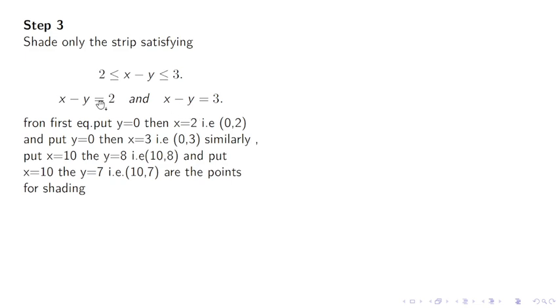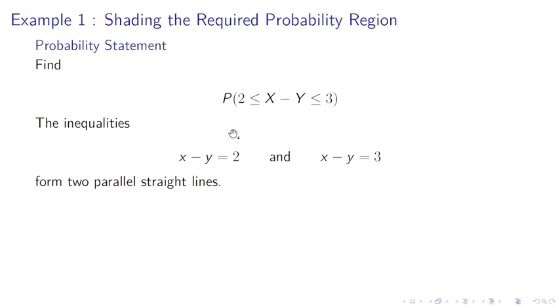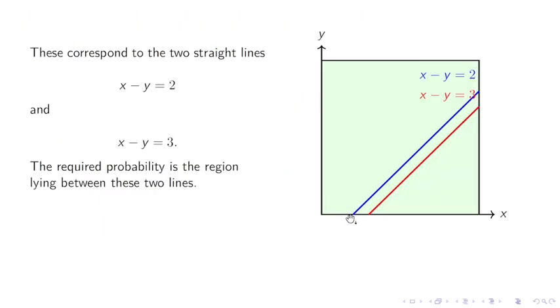To draw a straight line, we need 2 points. From the first equation, put y equal to 0, then directly we get x equal to 2. The first starting point is 2 comma 0. Here we need the next point.